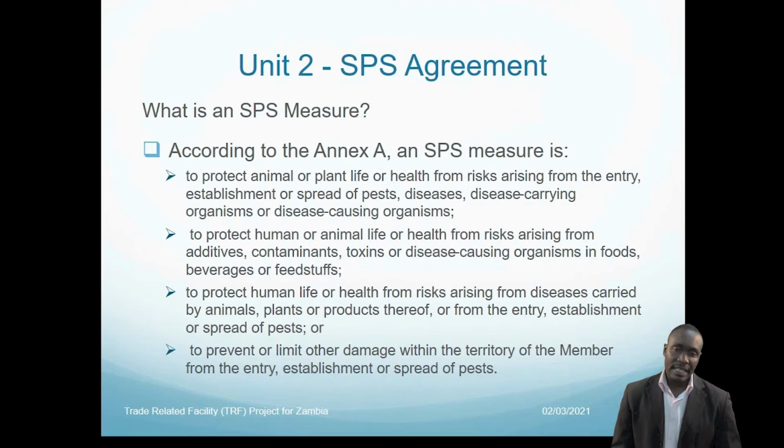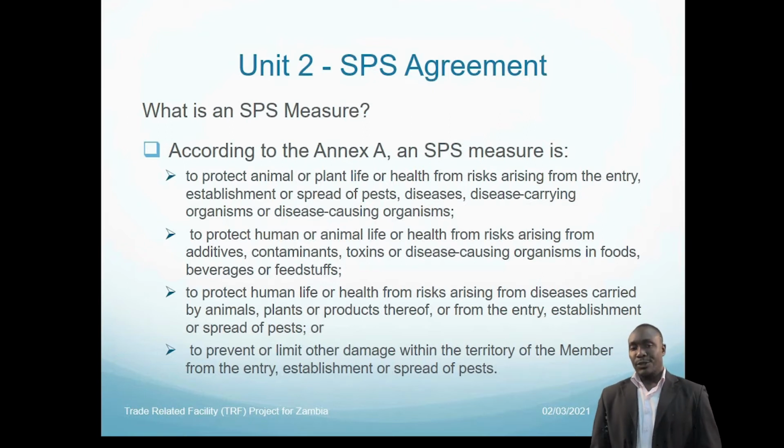So according to Annex A, an SPS measure is anything that you do to protect animal or plant life or health from the risks arising from the entry, establishment, and spread of diseases, pests, disease carrying organisms, and disease causing organisms. Also, it's anything that you do to protect your human or animal life or health from risks that arise from additives, contaminants, toxins, or disease causing organisms in foods, beverages, and foodstuffs.